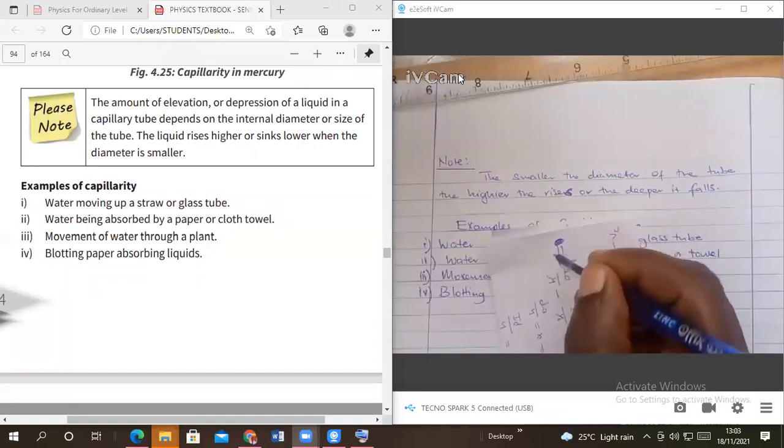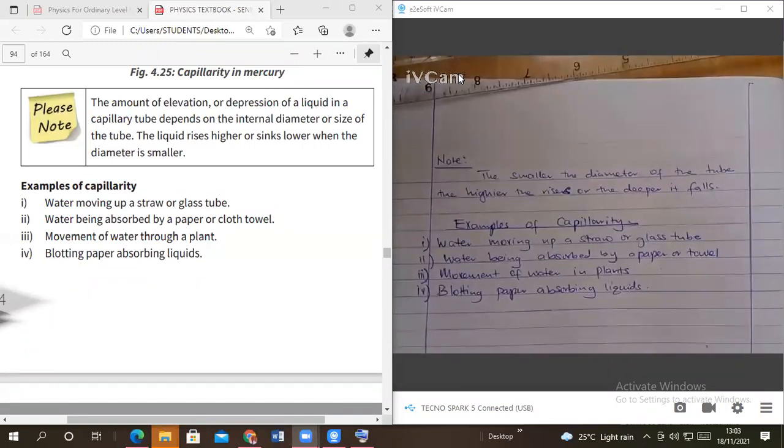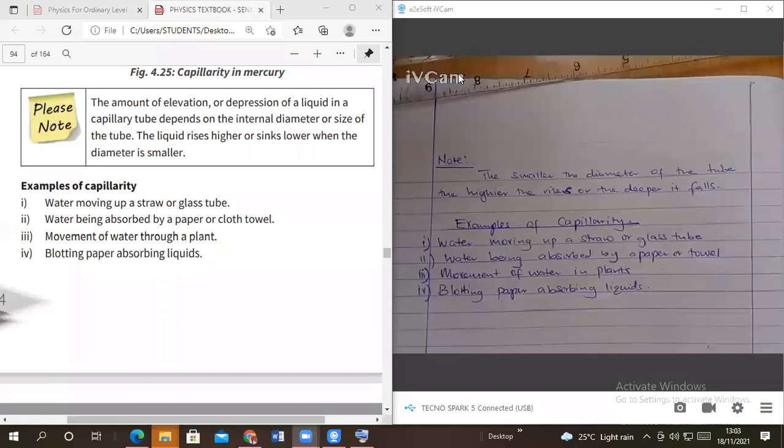It moves because there is capillarity. That's why it will be absorbed. That means that material is an absorbent material. It can absorb a liquid due to capillarity. All right.